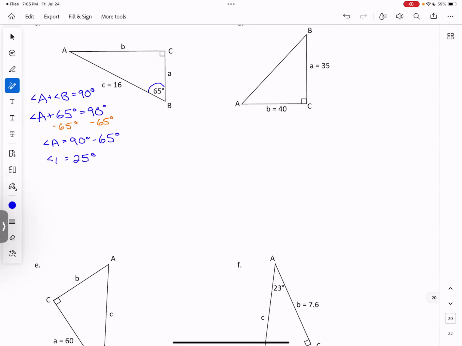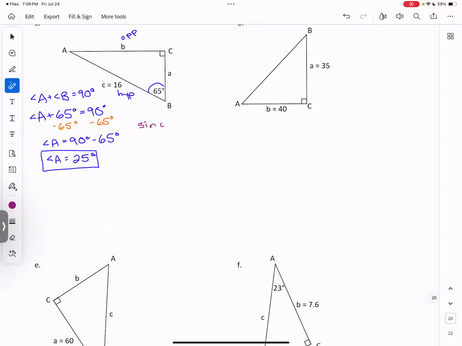Okay, so now we know all of our angles. Let's look at little b now. Relative to my known angle of 65 degrees, little b would be my opposite, and the side I know, C, is my hypotenuse. So I'm going to use the sine ratio, because I know my hypotenuse and I want to know my opposite side.